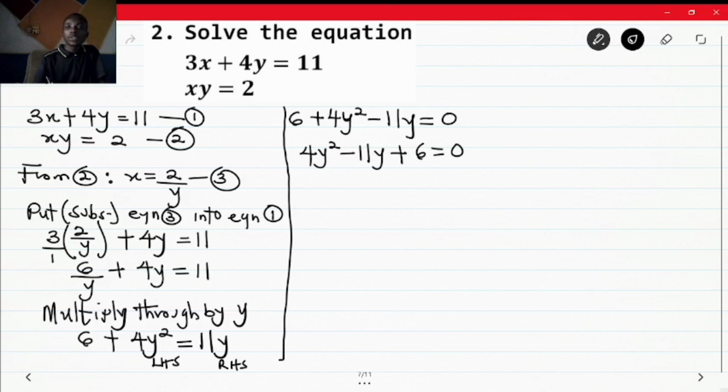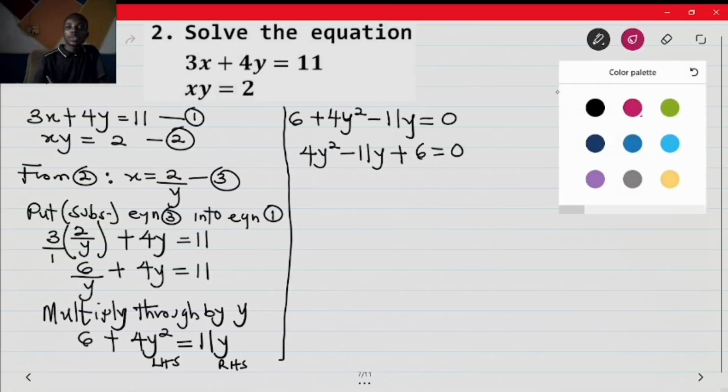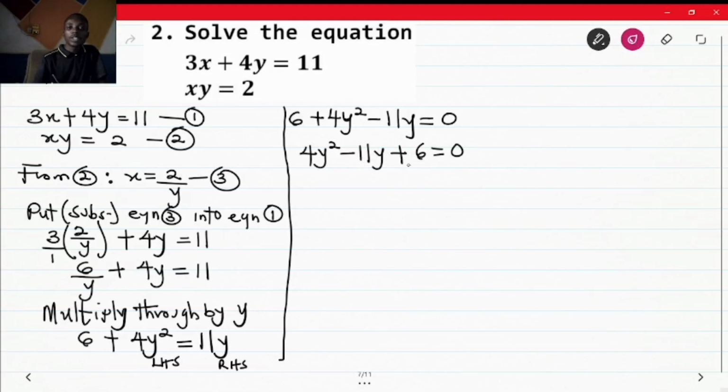So as usual, the way we factorize, this is a quadratic equation now. We can factorize this, and we'll be looking at this, and that will give us 4 times 6, that will give us positive 24. Now positive 24, we will look for factors of 24. Factors of 24 are 1 and 24, 2 and 12, 3 and 8, 4 and 6.